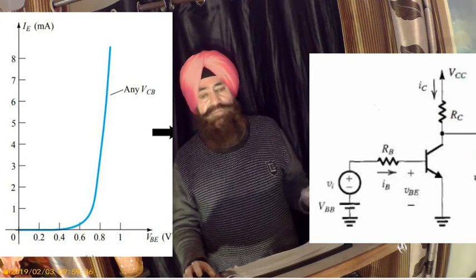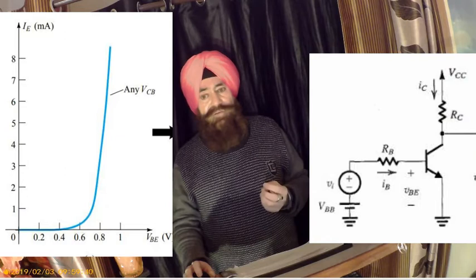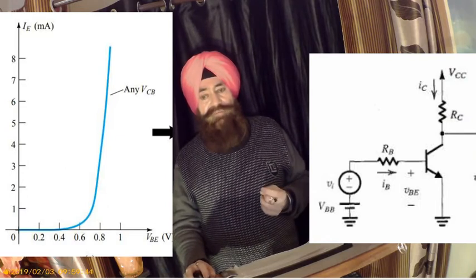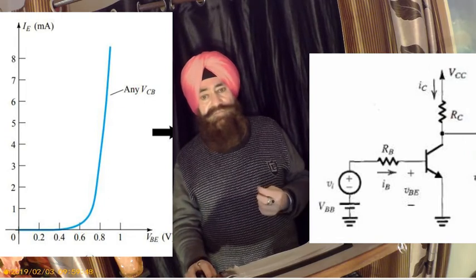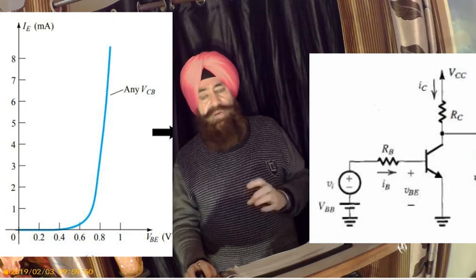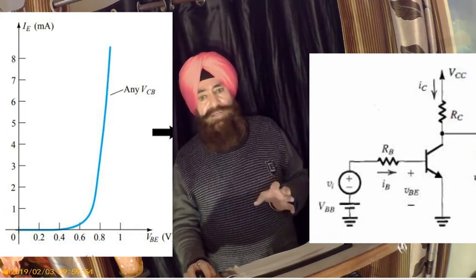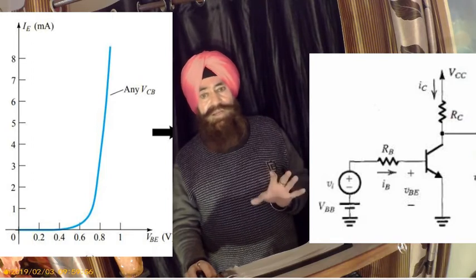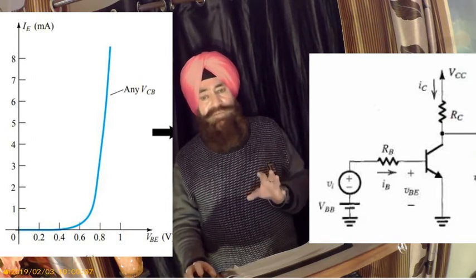How much the emitter current is depends on this: if you slightly increase the base emitter voltage, the emitter current goes on increasing. Practically we say the base emitter voltage is around 0.7, and you can have any emitter current. The first equation is base emitter voltage is 0.7.